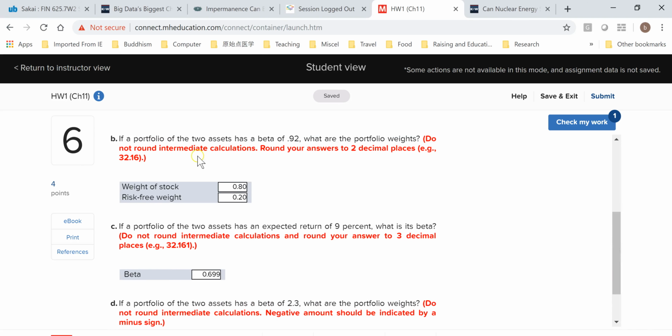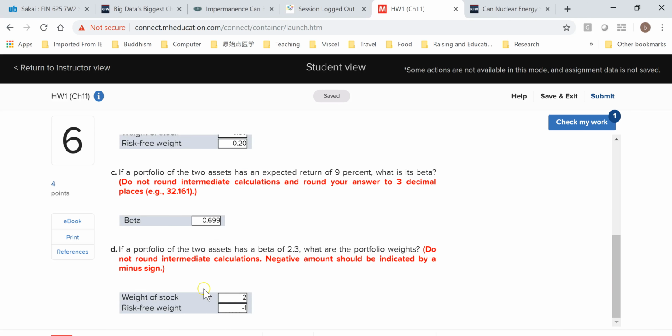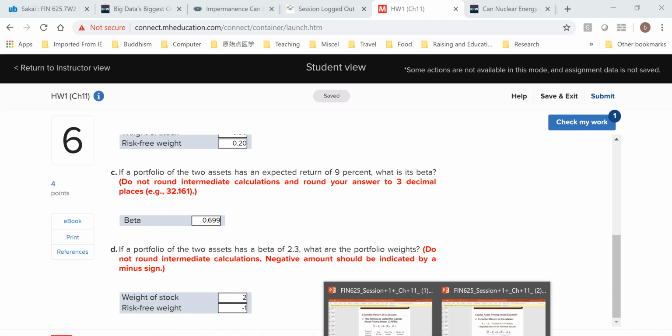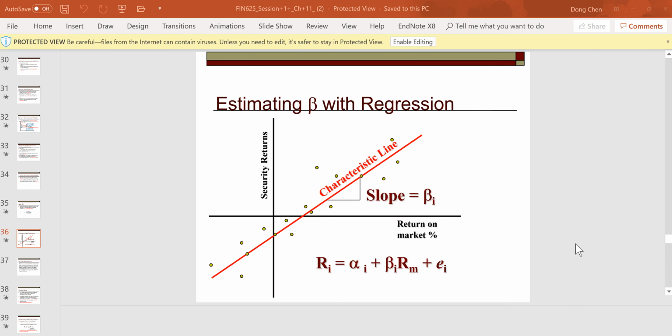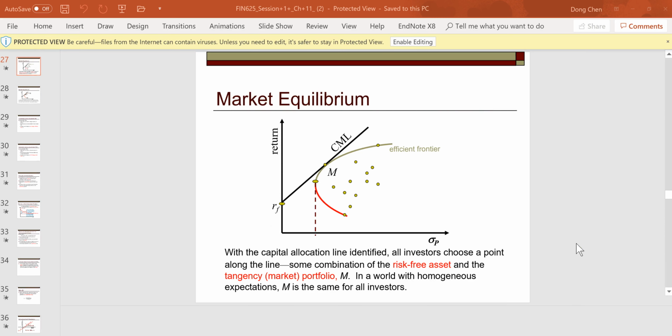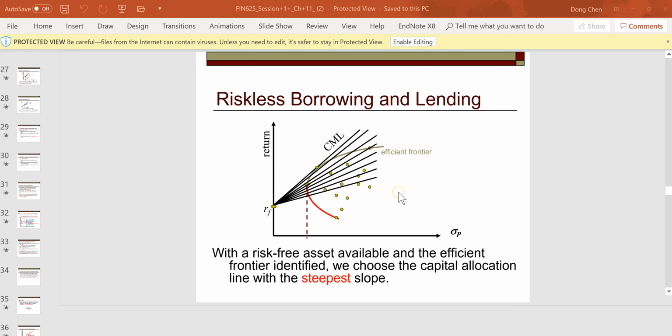In addition to what we did for part B, for part D it turns out the weight here is a negative number. So I want to further explain what happened by using the capital market line.